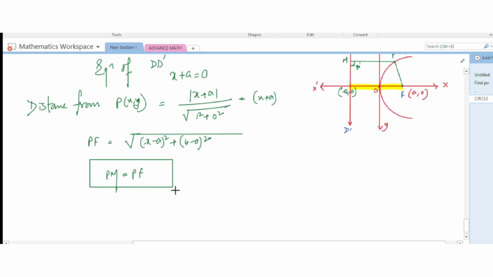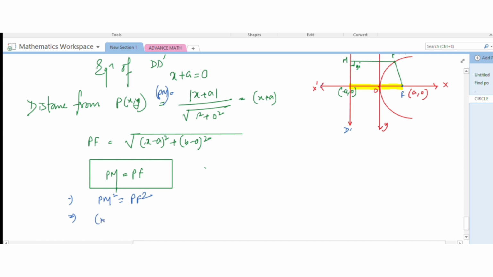So with regard to this condition, we can say PM square equals PF square. PM is the distance from the fixed line D D dash to the point P(x, y). So PM square equals PF square.